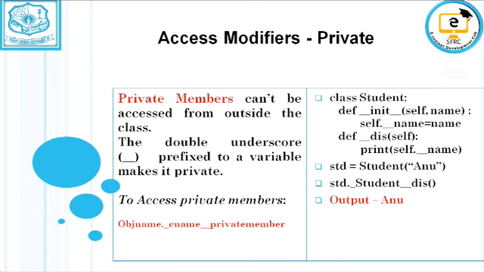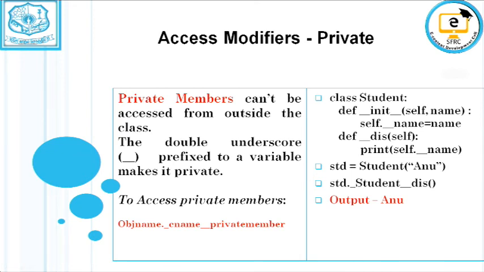So the double underscore denotes both methods as well as private members. To access the private members, it should be underscore, then the class name, followed by the private member which is preceded by underscore.